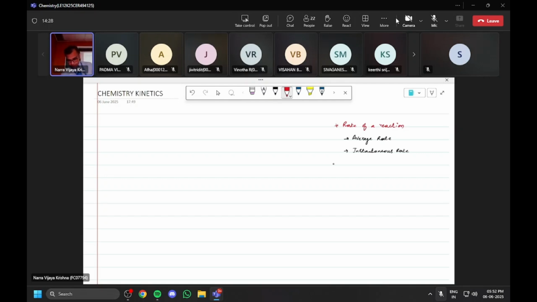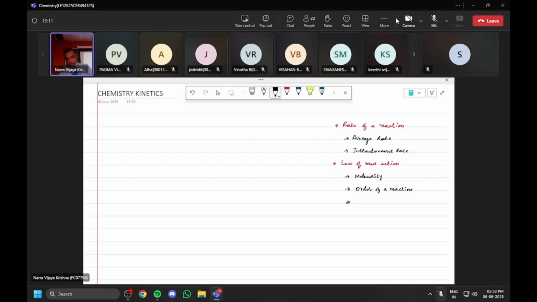After this, we need to study about kinetics of a reaction. To study kinetics of reaction, we need to know some parameters, right? For that, first we will see about law of mass action. Here, we will see what is molecularity, what is order of a reaction, right?